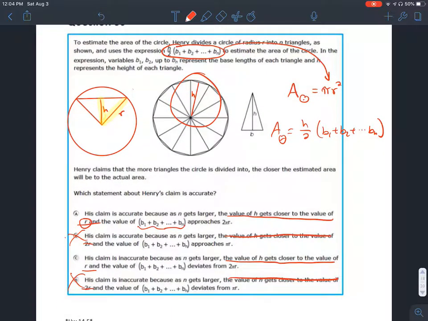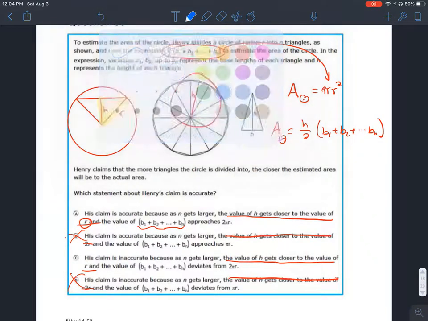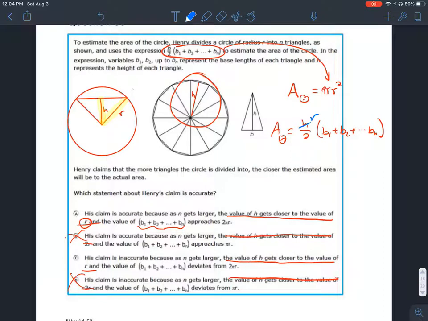And he's saying that h gets closer to r, so we can replace h with r. So now we've got r over 2. And then if the sum of these b1s and b2s up to bn is approaching 2 pi r, I replace this with 2 pi r. Check this out. The 2's cancel, and now you're left with pi r squared. So to me, A makes the most sense.